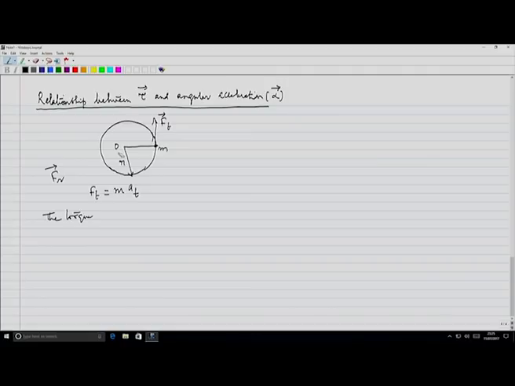Torque about the origin due to force F_t, tau, is equal to, I am writing only the magnitude because these directions are perpendicular, F_t times r. This is equal to m times a_t times r.